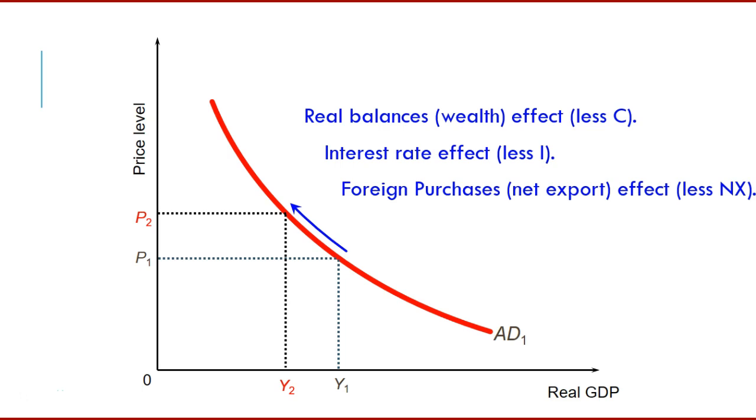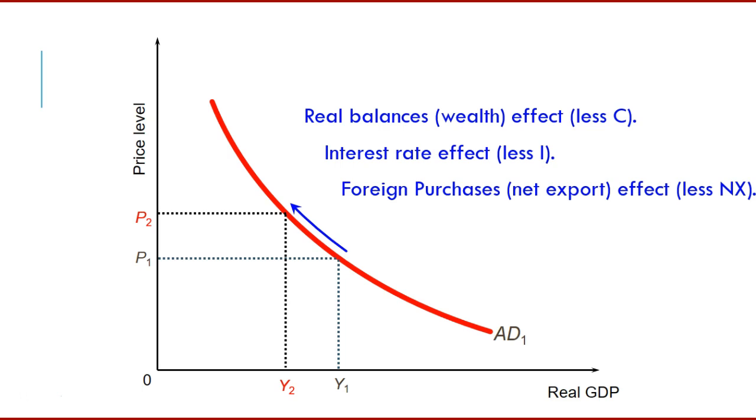But furthermore, because imported goods which haven't increased in price become more attractive to locals than before, import expenditure rises. In which case, if exports are falling and imports are rising, then you will have less expenditure on net exports, this last component of aggregate demand.